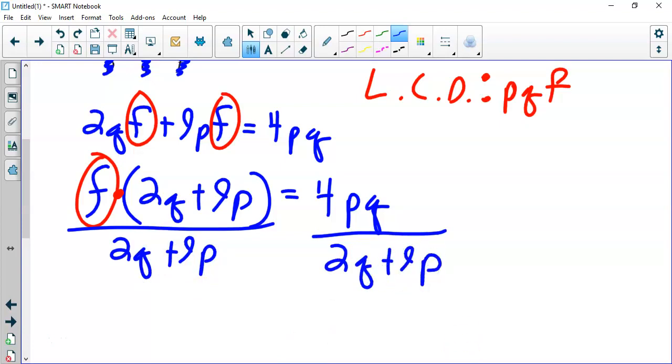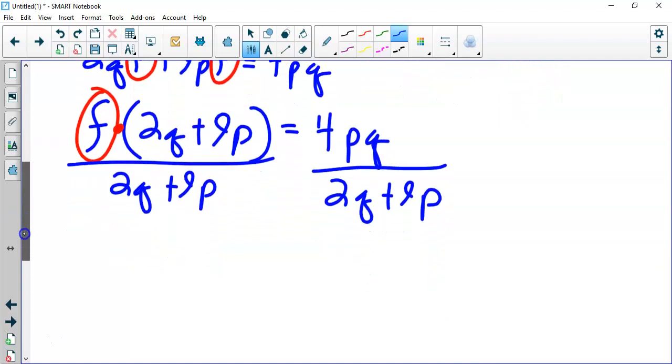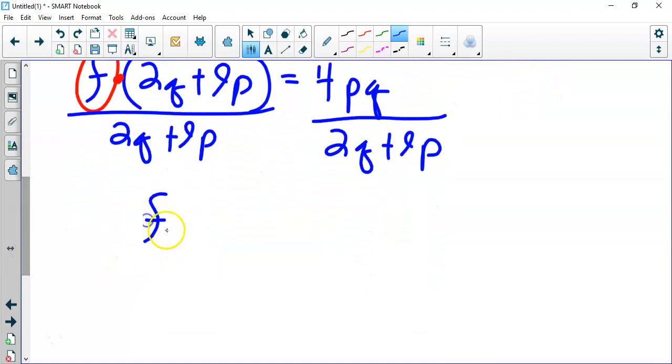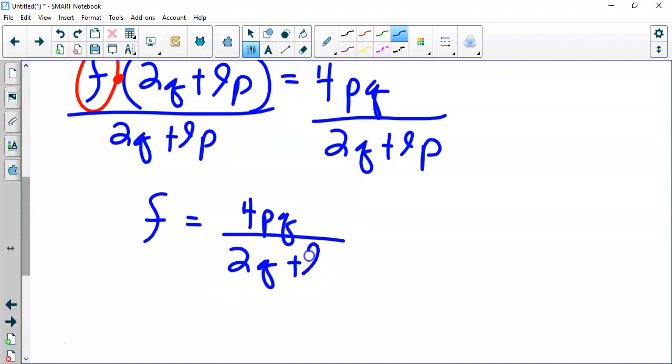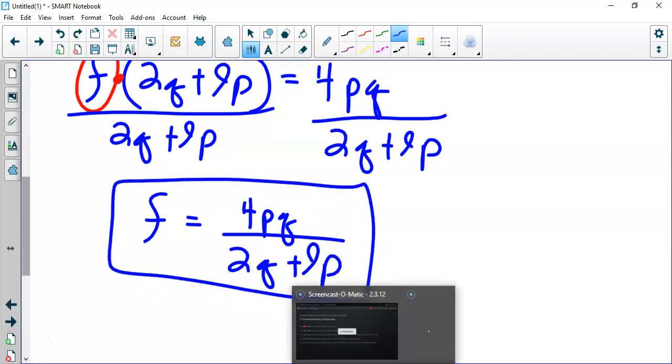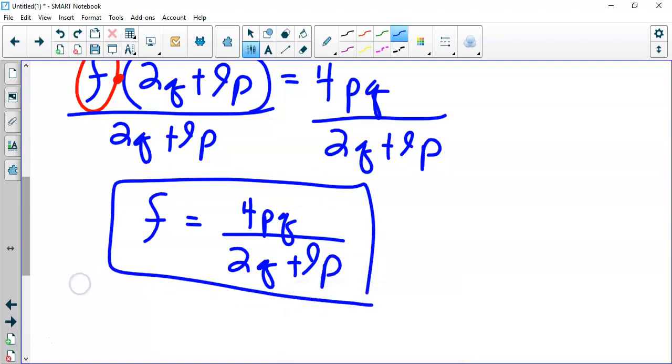And that right there is what F equals. So what does F equal now? 4PQ, good. Yes. There's F. Because there's no simplifying or reducing.